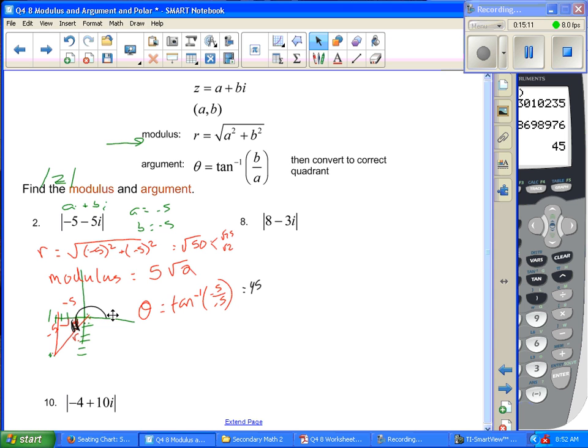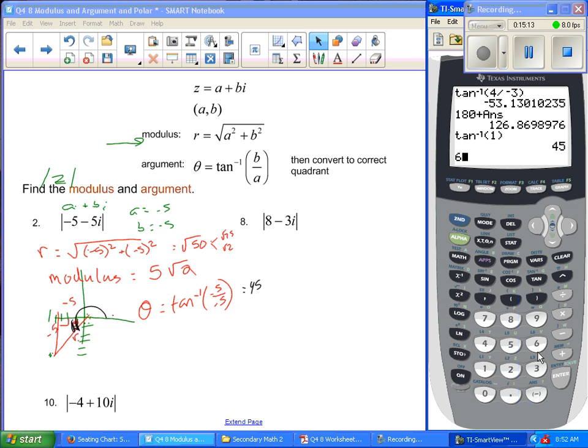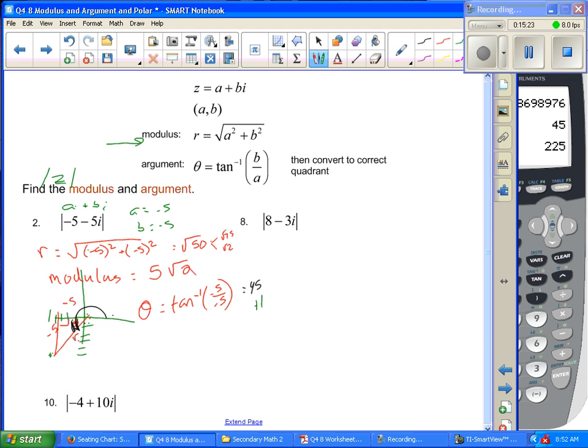So plus 180, or you can just look on the unit circle and see what angle's right there, and it's 225. So I know that my argument is 225 degrees.